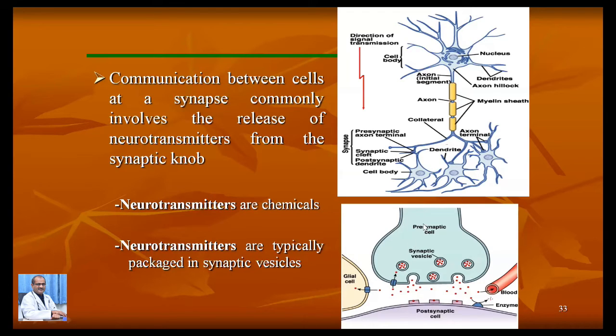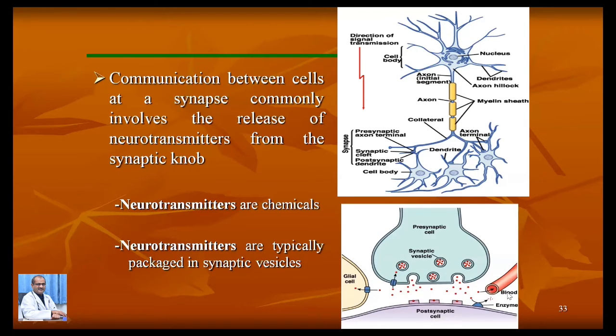So this is a synapse: the presynaptic cell and the postsynaptic cell. There are varieties of axons and dendrites, and each cell is connected through axoaxonic or dendrodendritic junctions. The presynaptic cell contains synaptic vesicles, and inside the synaptic vesicles the neurotransmitters are packaged.